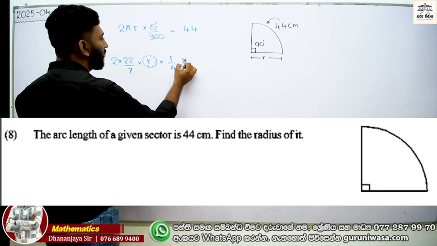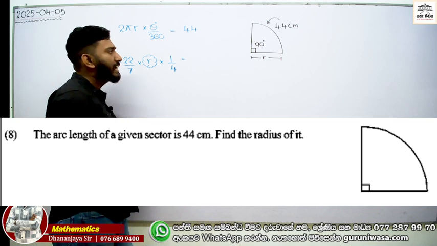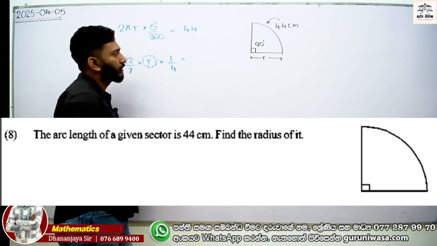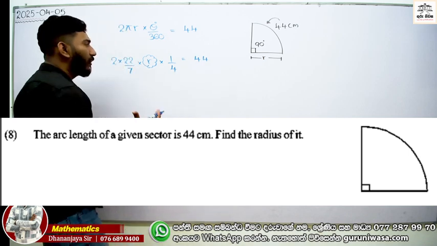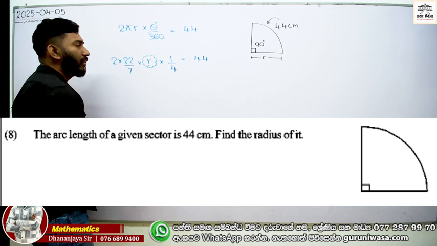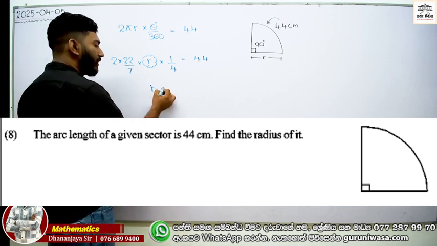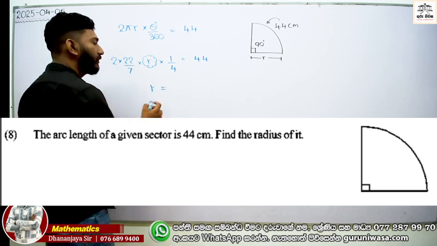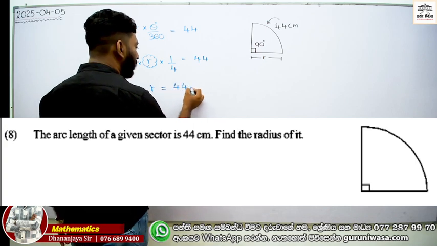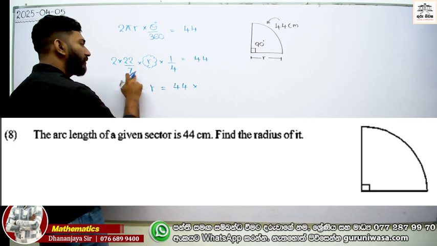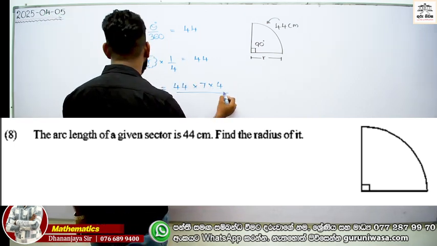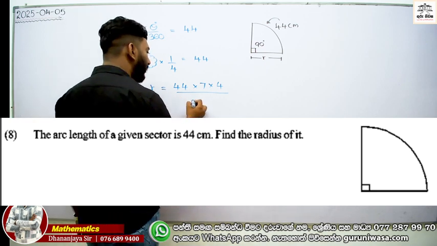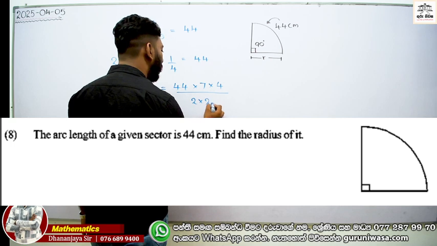And you know 90 degrees out of 360 becomes 1 over 4. Equals 44. Right. The down one becomes up and the up one becomes down. That's the rule. Then r should equal 44, and 7 and 4 go up, and 2 and 22 become the denominator.